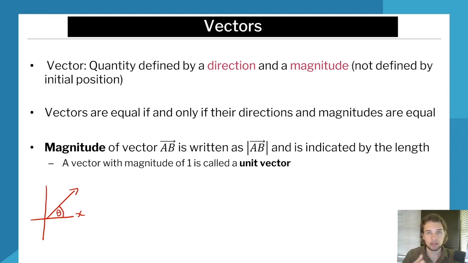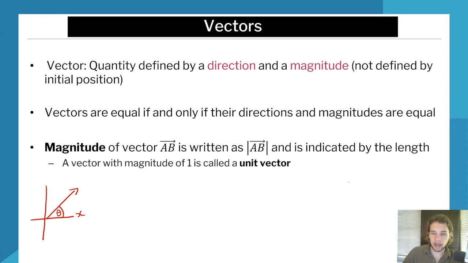Now, two vectors are equal not based on their initial position. They don't have an initial position that actually defines them. You could place them somewhere if you wanted to, like with some geometric questions, but we would consider them equal to another vector if their directions and magnitudes are equal.